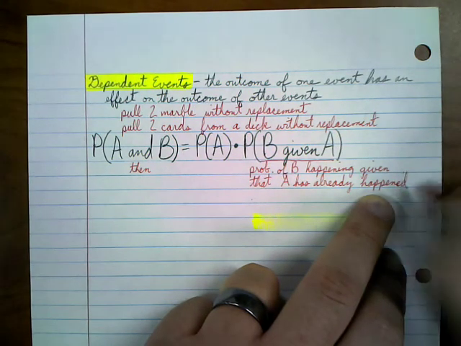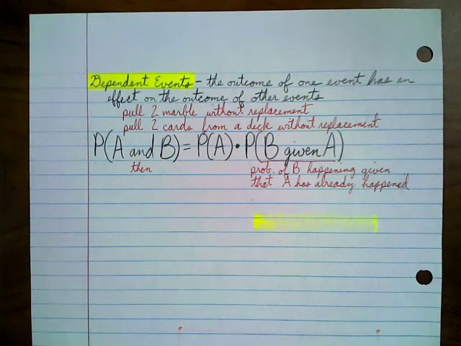So what is the probability of B happening, given that A has already happened.